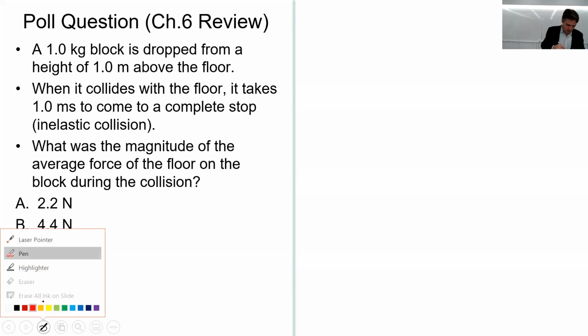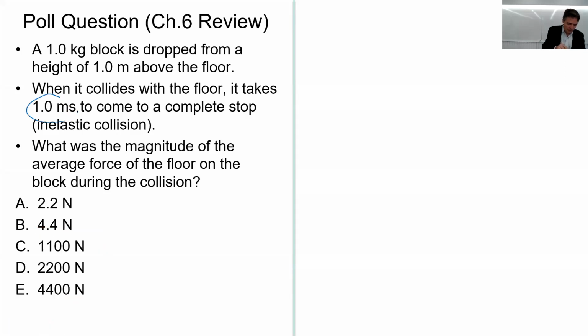Okay, and I can make a note there that delta t is equal to 1.0 times 10 to the minus 3 seconds. That's what a millisecond is. The question is, what was the magnitude of the average force of the floor on the block during the collision? And I've given some numerical answers there.